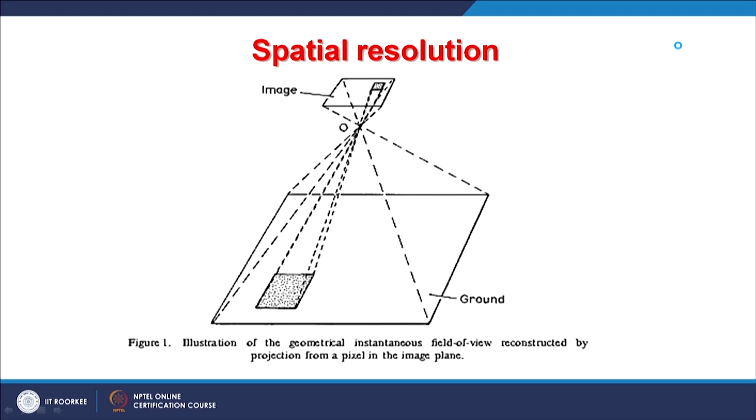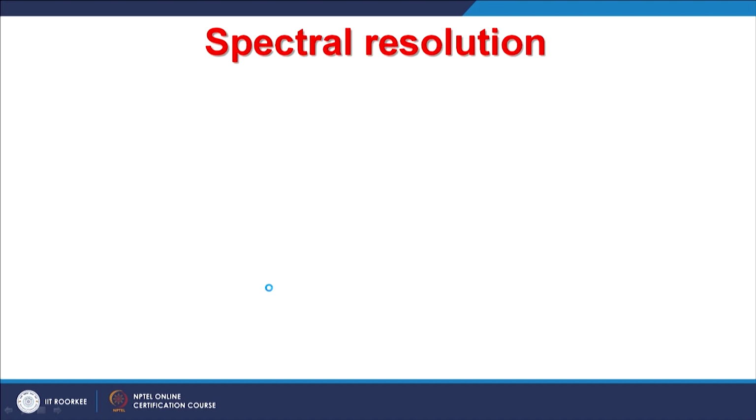Now, with spatial resolution, the larger the IFOV, the coarser the spatial resolution you would have. It is a very popular figure in many remote sensing books or literature, which illustrates the geometrical reconstruction of the instantaneous field of view by projection from a pixel on an image plane, as you can see here. But remember, IFOV is a solid angle.